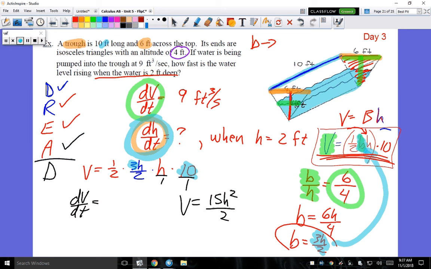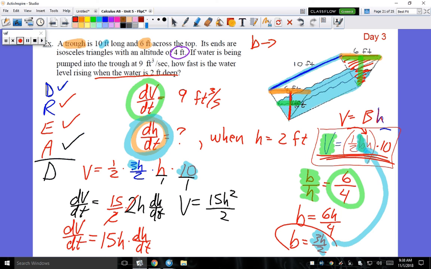What's the derivative of h squared? 2h dh dt. And then we're going to multiply that 15 halves back in, which some of you already see. Those two cancel, and you're just left with 15h dh dt, all that multiplied, is equal to dV dt.